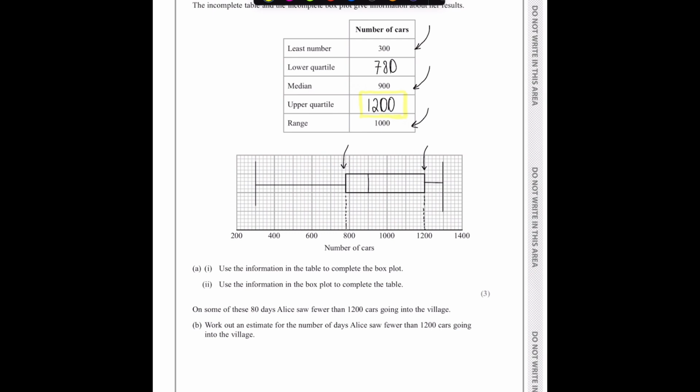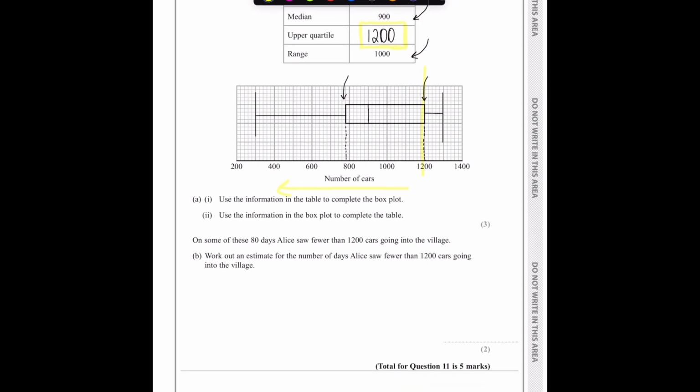But what does our upper quartile mean? So our upper quartile is where all the information to the left of it is 75% of our data. So in other words, the chance is 75% to be less than 1,200.